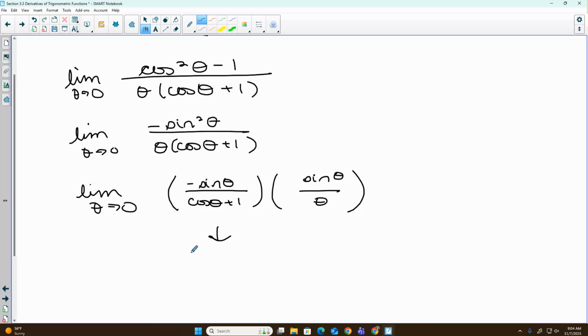Because on the top, I have the opposite of, what is the sine of 0? Sine of 0, square root of 0 over 2, is 0. Over cosine of 0, so square root of 4 over 2 is 1, plus 1.